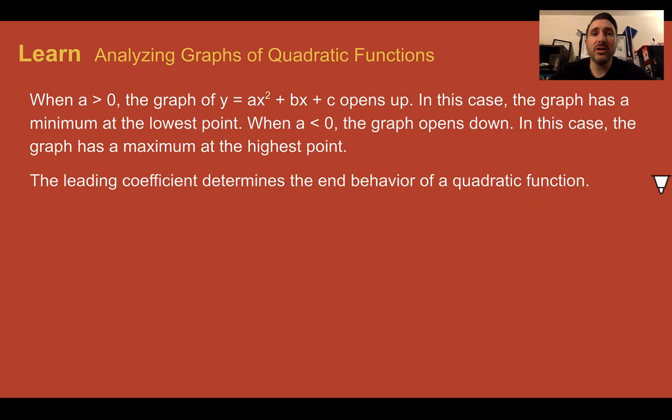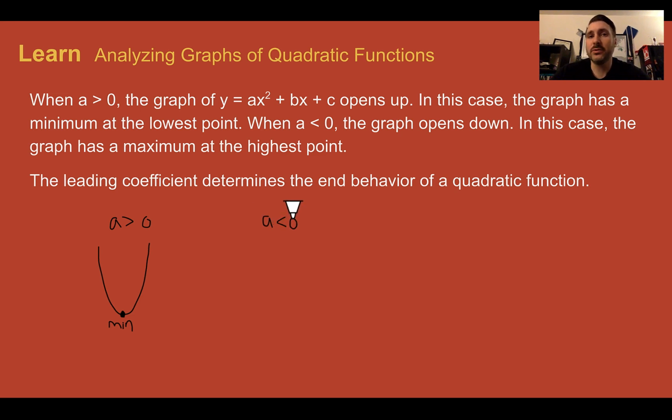With our parabolas, we can also have two things happening with our a values. If a is greater than 0, then the parabola is going to open up, meaning if you have your graph, it looks like this, it's going to open up, and the vertex is going to be the lowest point, and that is going to be a minimum. Or a could be less than 0.